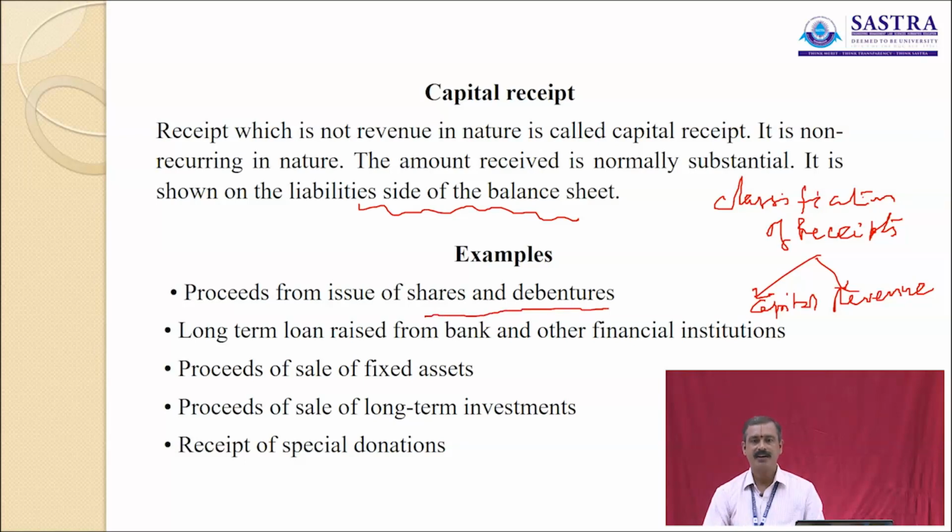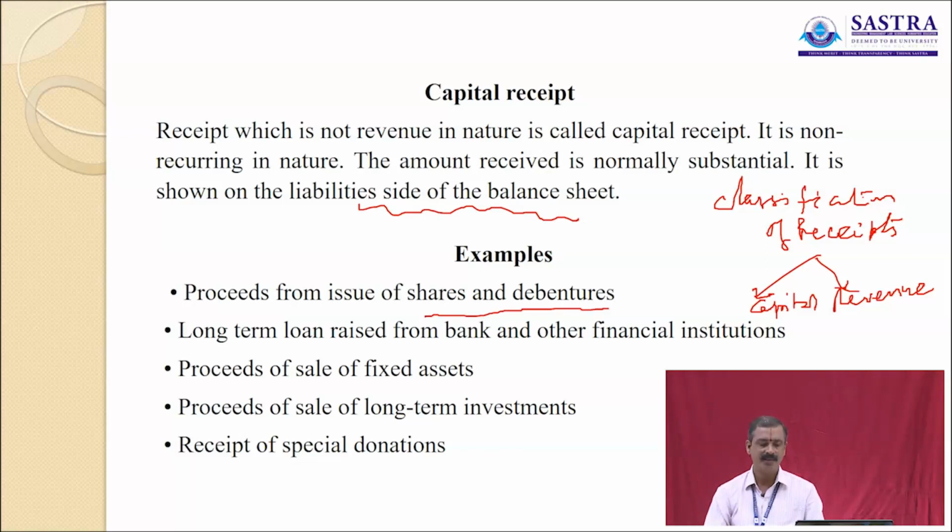The issue of shares and debentures will generate funds for the business, which will be used as capital fund for the procurement and maintenance of the business, procurement of assets, or extension and enhancement of business operations. Any receipt generated from the issue of shares and debentures is known as a capital receipt.